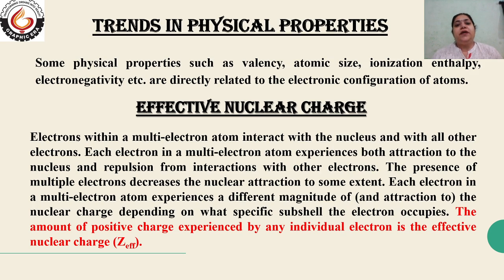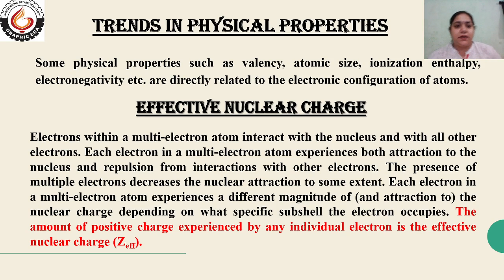But yes, there is some trend in ionization enthalpy and some trend in atomic size, as we move in a group from top to bottom, or in a period from left to right. Atomic size has a particular trend: it may increase or decrease in one particular direction. So all the physical properties like valency, atomic size, ionization enthalpy, electronegativity, etc., are directly related to the electronic configuration of atoms.